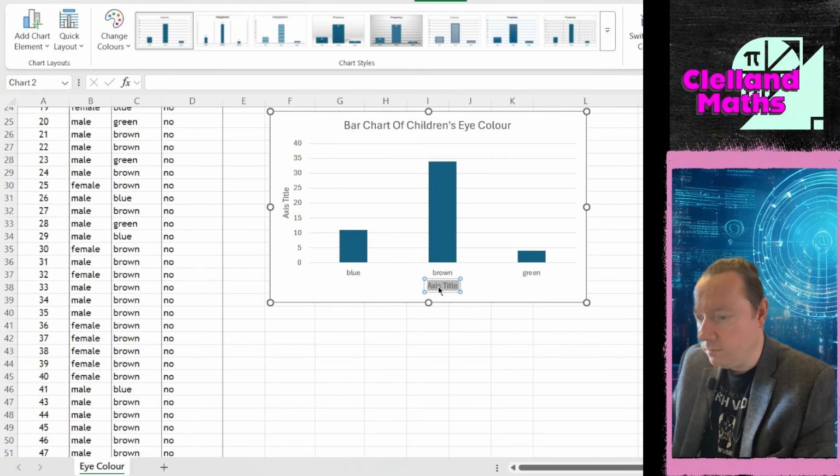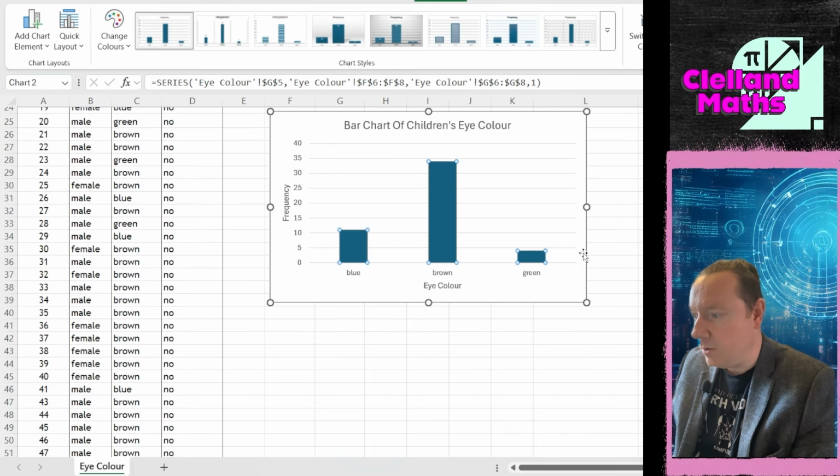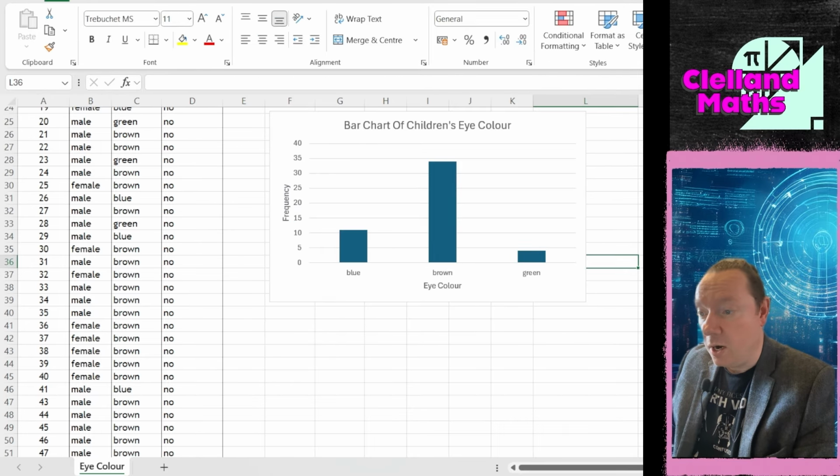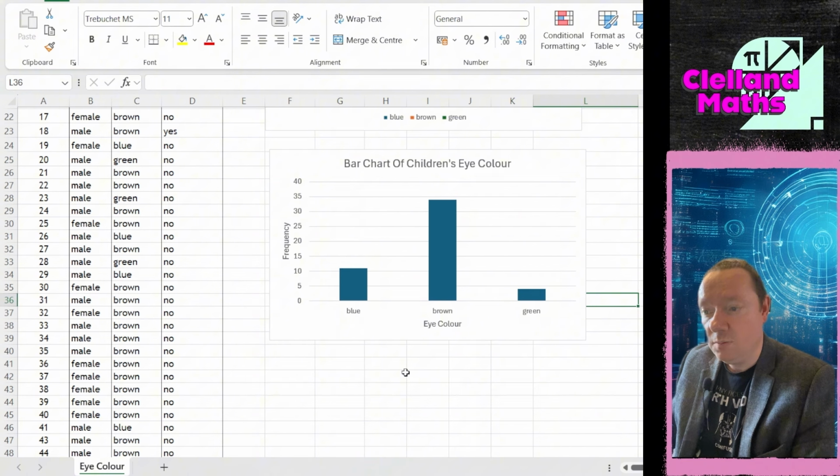Axis title, eye colour, axis title, frequency or number. Frequency I'm quite happy with. You could even mess about changing the colours of the bars or anything else you wanted to do, but I think that's a reasonable chart as well. So we've got a couple of nice little charts and we're done there.